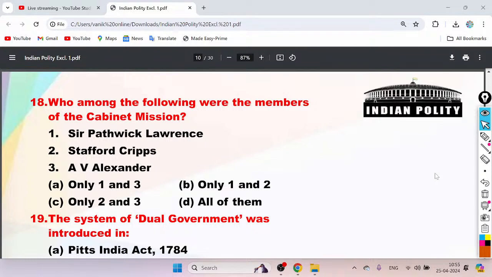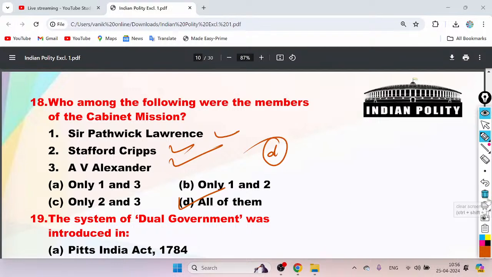So it is a high-powered mission consisting of three prominent cabinet ministers. And these three persons were there. All of them were the members. It is called cabinet mission because all the members were cabinet ministers.